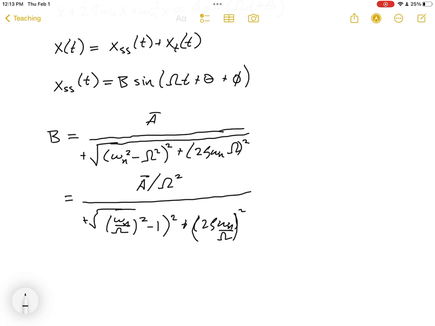So it kind of looks like a Pythagorean theorem.